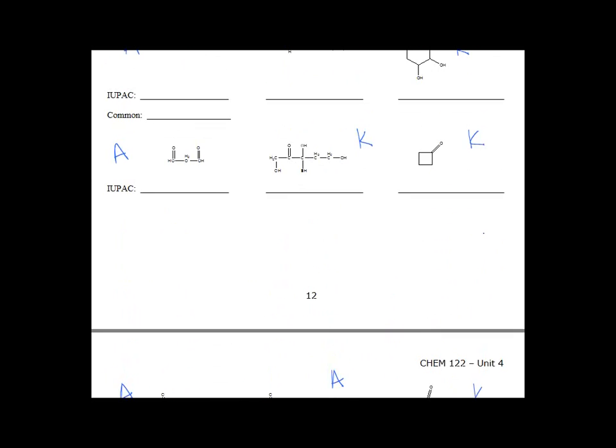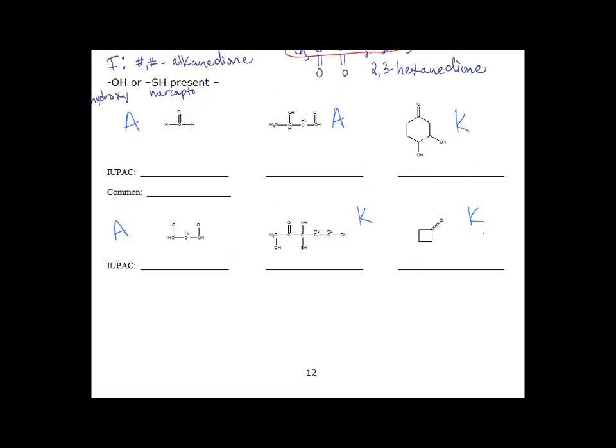Remember that aldehydes are at the ends of molecules, ketones are at the center. So hopefully you labeled these correctly. Now I want you to go through and name them using IUPAC or common nomenclature. Again, if I don't have a line, there isn't a common name. So hit pause and work on naming those.